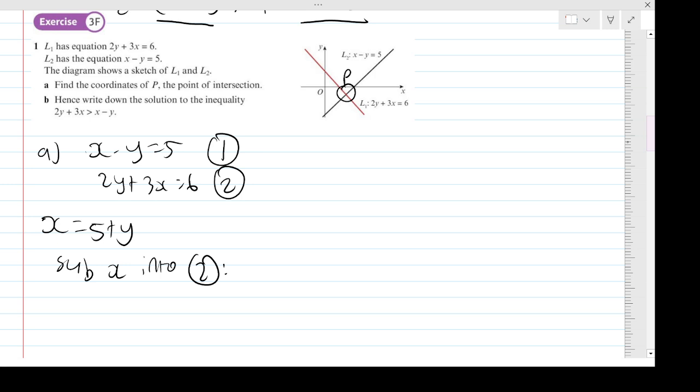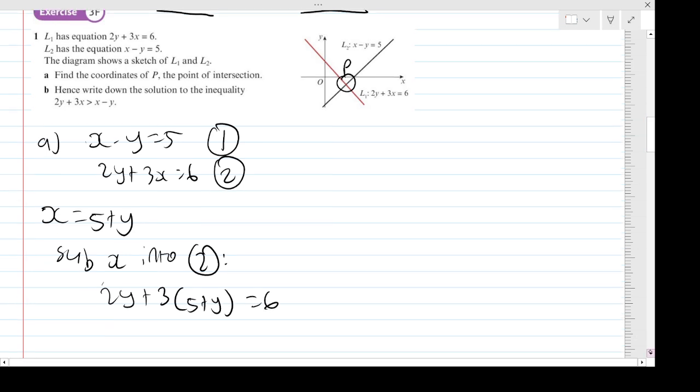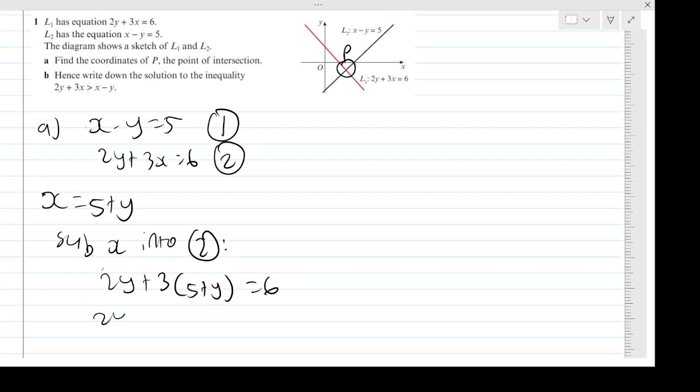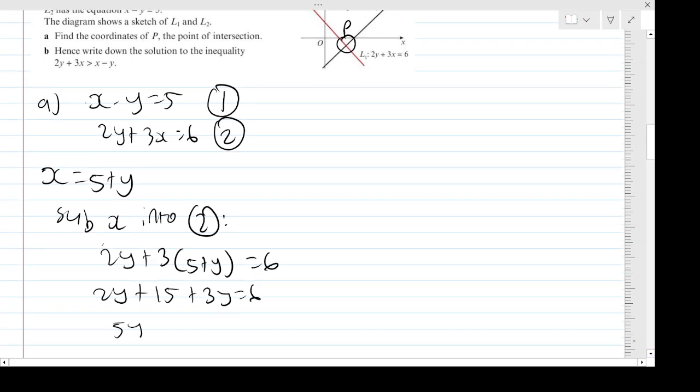So if I substitute x into the other equation, I get 2y add 3x, that's 3 lots of 5 plus y, and that's going to equal 6, okay? Then I could expand it to get 2y add 3 times 5 is 15, and then 3y is 6. Let's collect the y, so we get 5y. Then I'm going to move the 15 to the other side, so 6 minus 15 is going to be minus 9. But then y is minus 9 over 5.